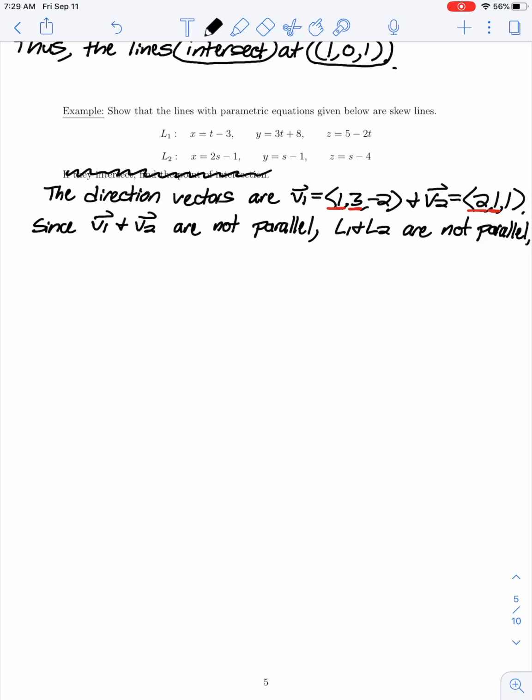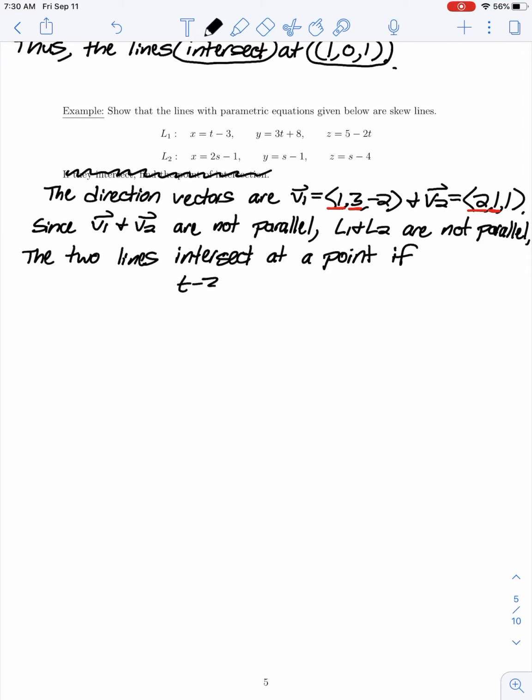So as with our last example, we could say the two lines intersect at a point if the x coordinates for these two lines would be equal to one another.